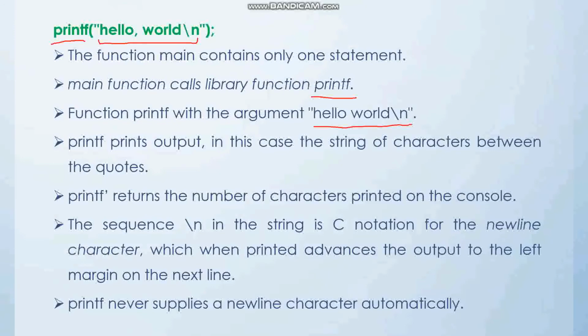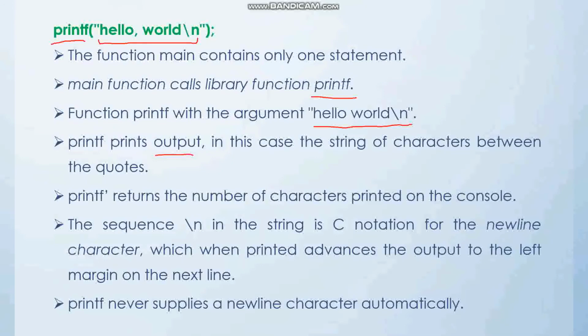Then what is the use of this printf function? Printf prints output, in this case the string of characters between the quotes. You can see here that we are passing a string. The printf function returns the number of characters printed on the console.